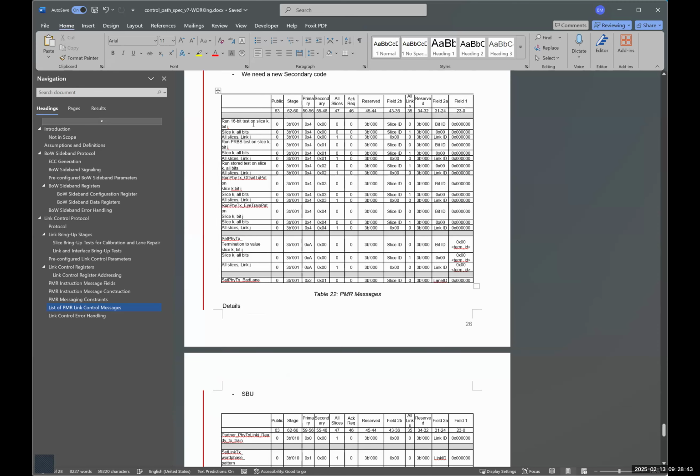All right, let's see. Run a 16-bit test, run a PRBS test. Wait, so I'll probably have to make this run a pattern instead of saying 16-bit, since we're potentially supporting 32-bit patterns.